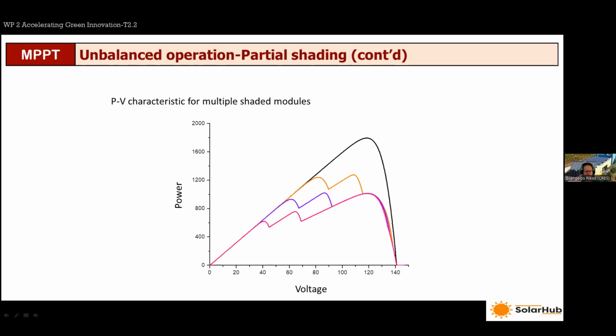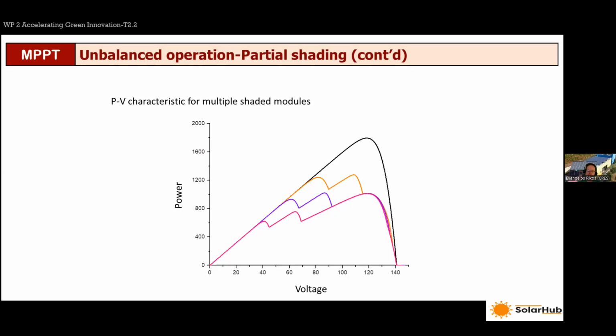In another more complicated example, where more modules are shaded at different levels, you can have more than 2 peaks, right? You have 1, 2, 3 here. And this varies also depending on the conditions, the amount of light these modules receive. So you see that this is an important problem.